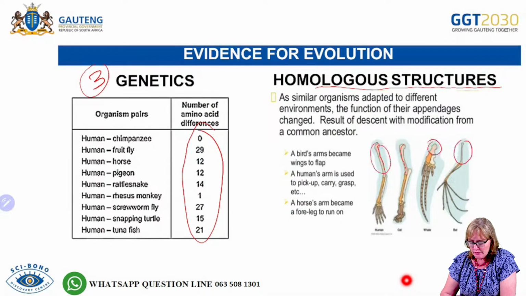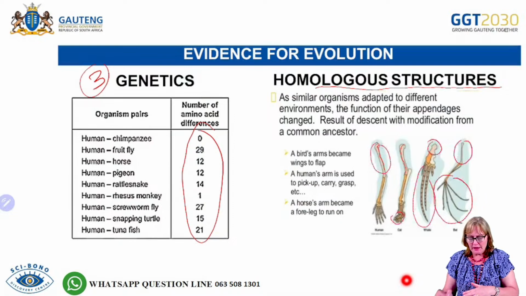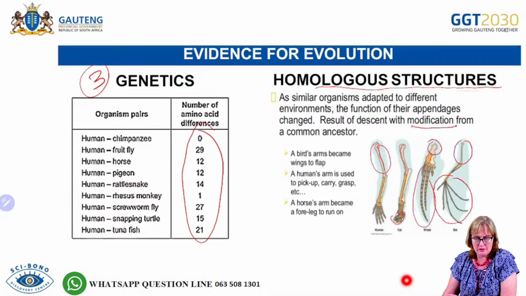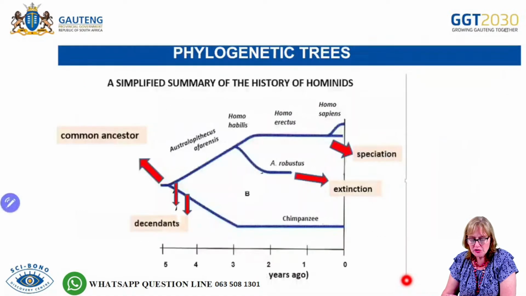And a bat, the fingers of a bat is now part of its wings, right? The whale's are part of its flippers, and that's a cat. There's where their fingers are now, part of their toes, right? So it's the same structures, but it just looks different now, right? It has modified, right? So those are the four evidences for evolution.